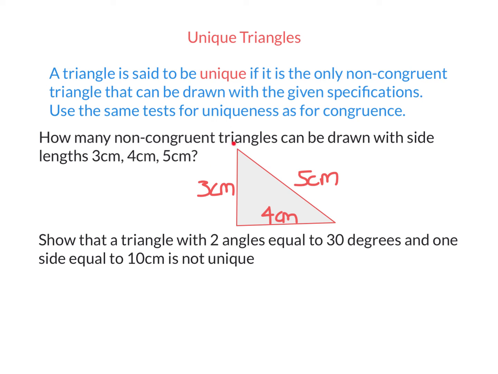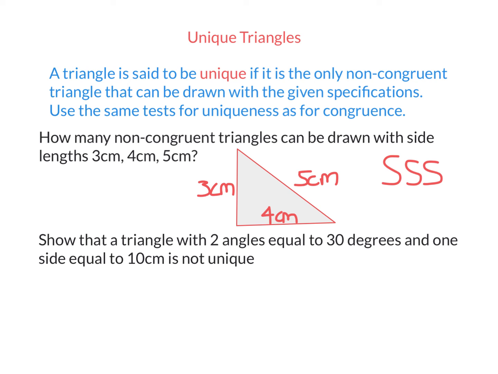Now this triangle, turns out, is unique. What I mean by that, if you were to go and draw a triangle with side lengths 3, 4, and 5 centimeters, your triangle must be congruent to this one. How do I know that your triangle would be congruent? The SSS test. Turns out we have the same test for uniqueness that we do for congruence.